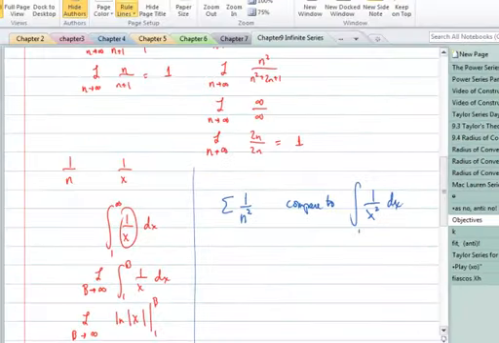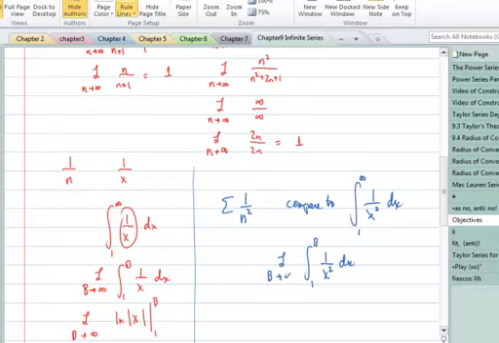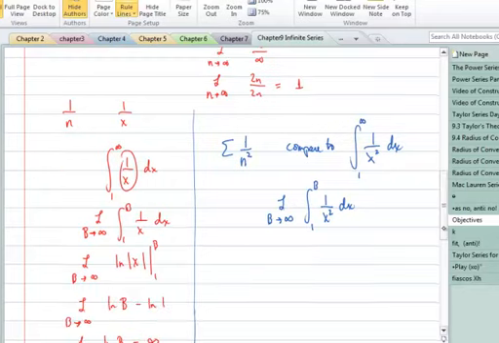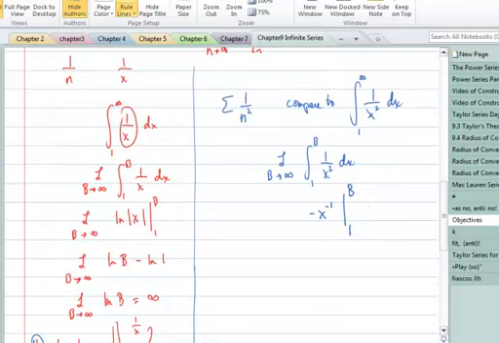So we're going to do that from 1 to infinity, and when we do this integral, we have 1 over x squared dx from 1 to b. We're going to let b go to infinity, and by antidifferentiating, we have x to the negative 1, a negative out in front, and we'll evaluate it from 1 to b.